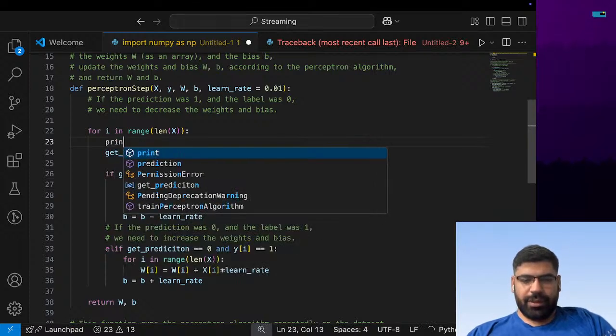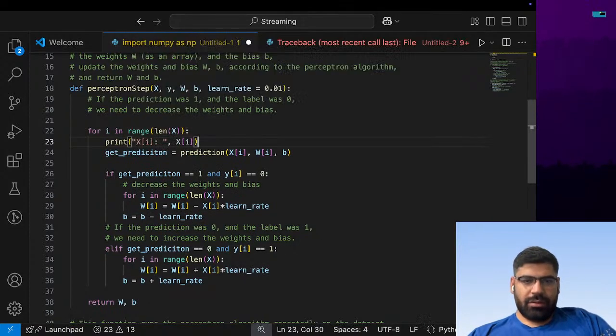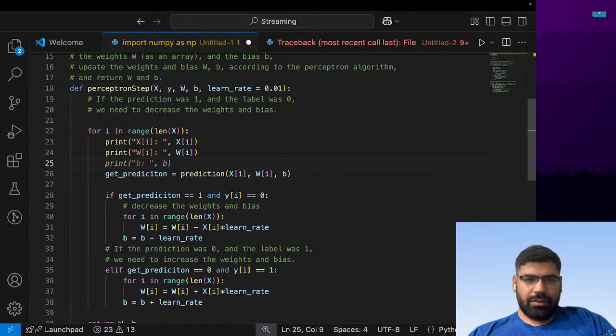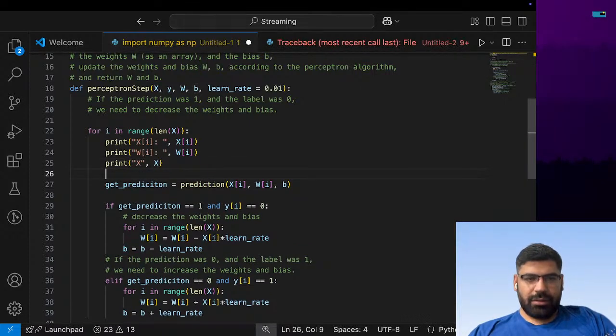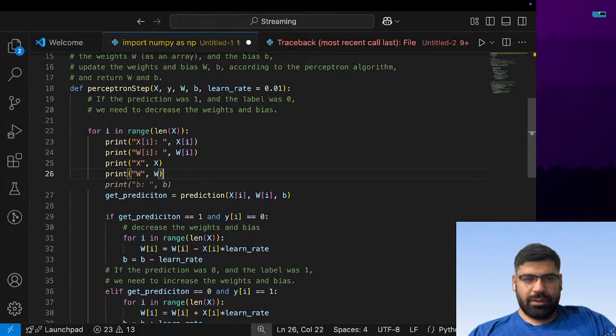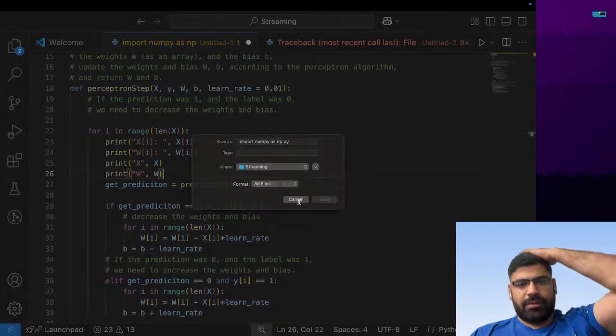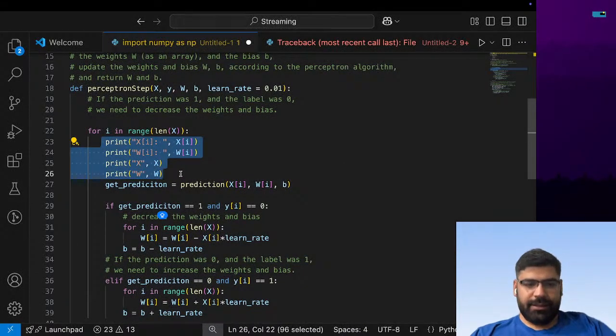If I wanted to print, it's going to give me error anyways. I want to think in this way. Now I'll get X, W. Let's see. Add this here.